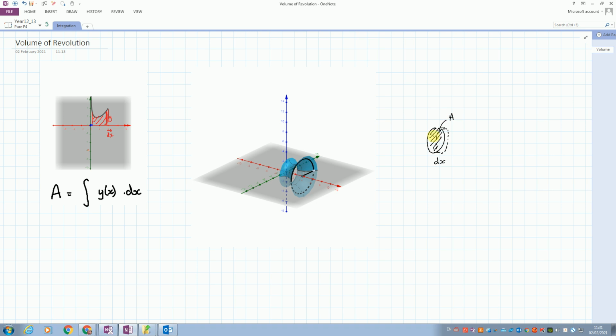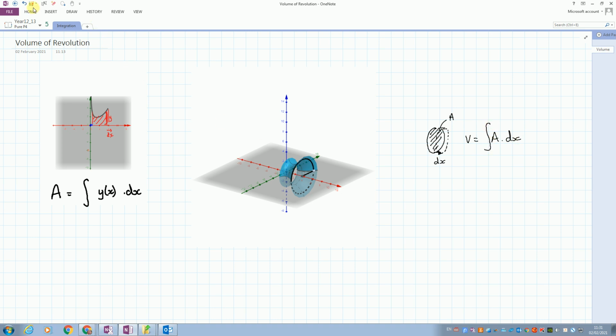And if we do the area on the base times a direction at right angles to it with a magnitude, we actually have a volume, which is an area times dx, gives us a volume.